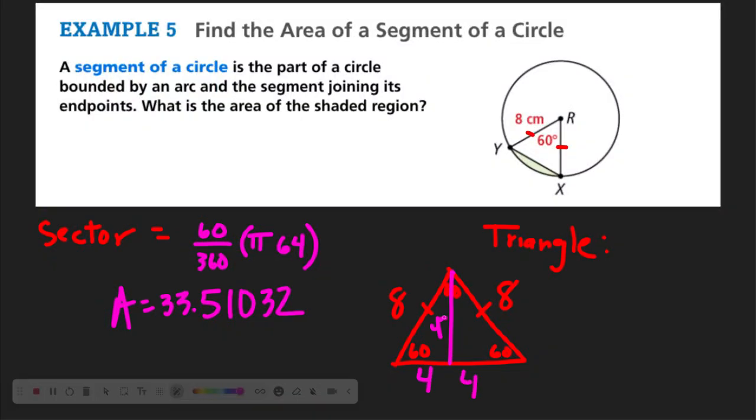Look, 4, 4, this is 4 radical 3. Remember that? So the area is going to be 1/2 times 8 times 4 radical 3. So 16 radical 3, which is 27.7128.